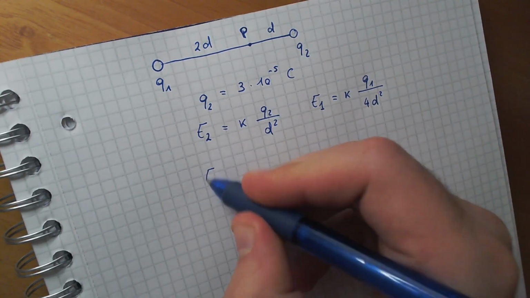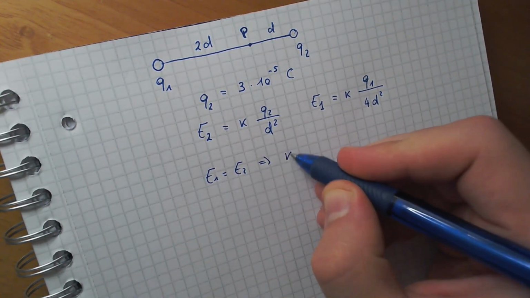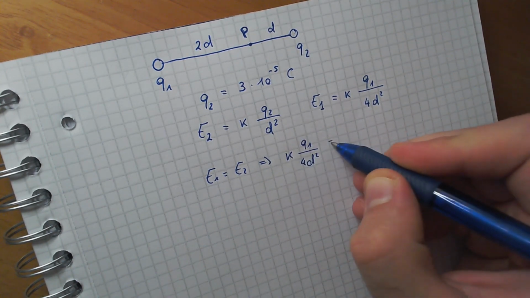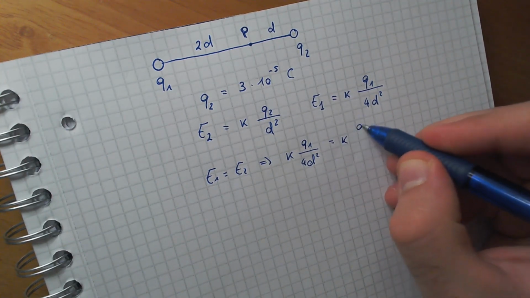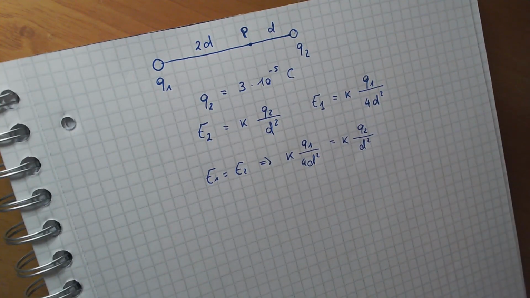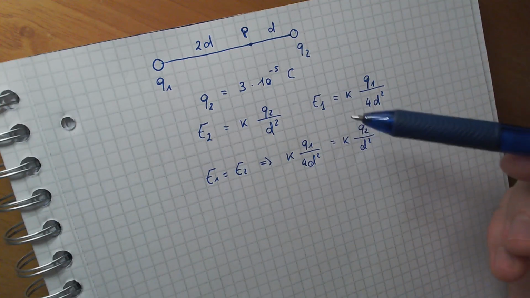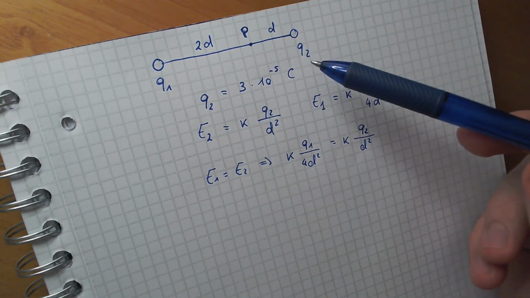So if E1 is equal to E2, it means that K Q1 over 4D squared is equal to K Q2 over D squared. Let's notice that Q1 and Q2 have to be of the same sign.